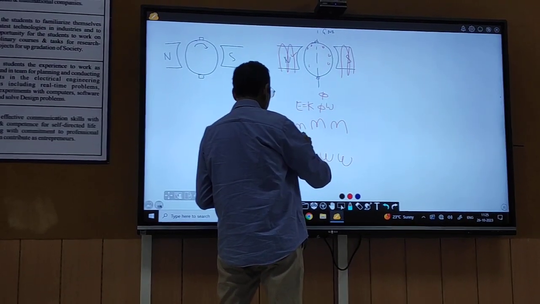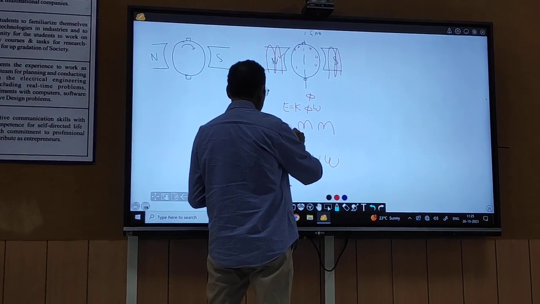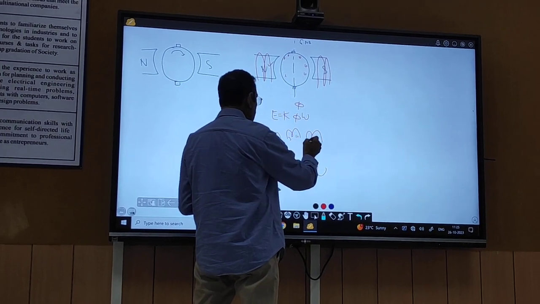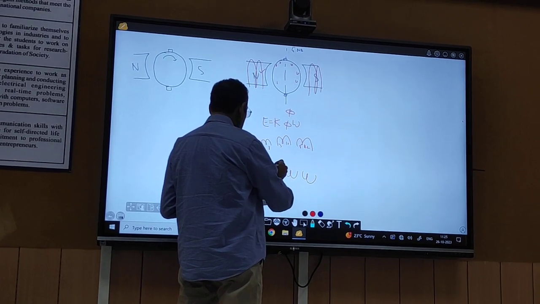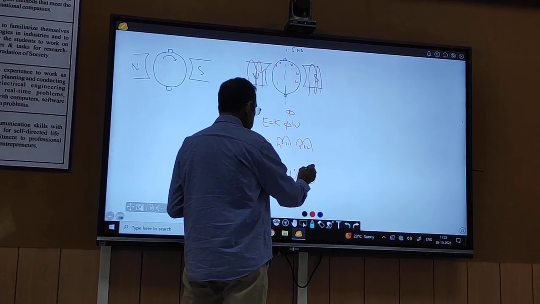These are the conductors numbered 1, 8, 3, 10, 6, 11, 4, 9 and 7, 12. Those who were present in the class might know how this was done.